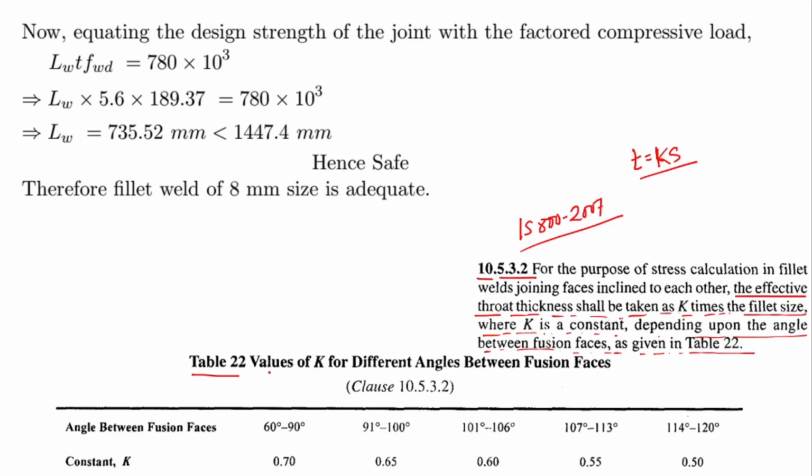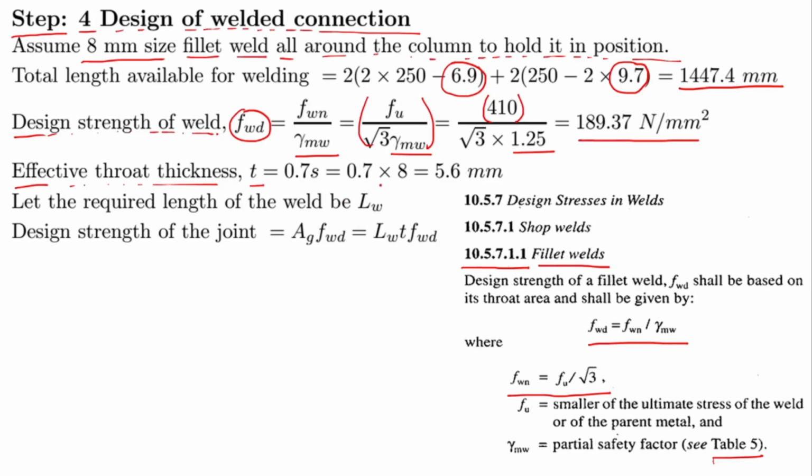Table 22 gives the value of K for angle between fusion faces 60 to 90 degrees, the constant K is 0.7. In our general weldings, the angle between fusion faces is 90 degrees. So the value of K is taken as 0.7. Therefore t equals 0.7 s. If I put the value of s, the size of the weld, that is 8 mm, the effective throat thickness is calculated as 5.6 mm.